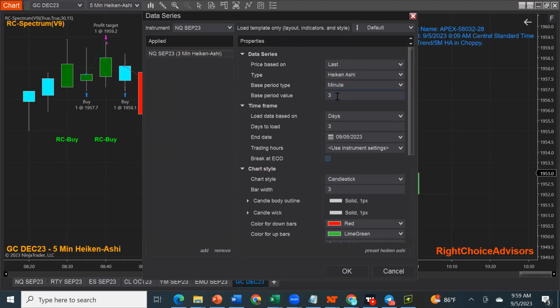We generally use a 3 minute or 5 minute Heikin Ashi. Because the market is a little in the range, I am using 3 minute Heikin Ashi.